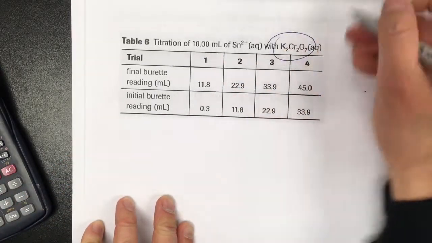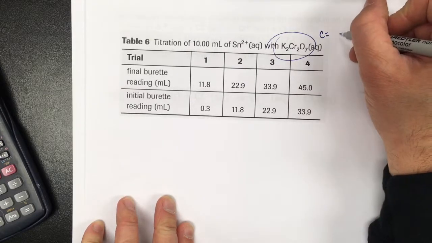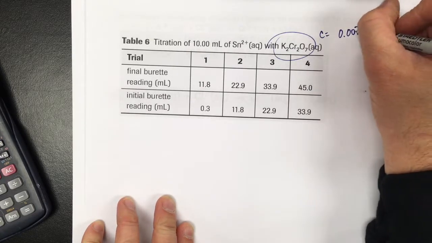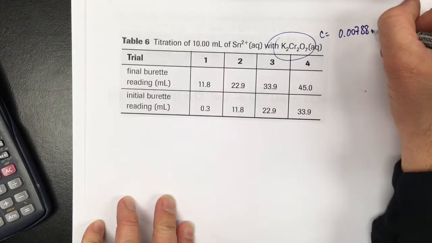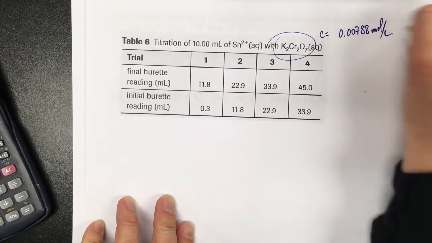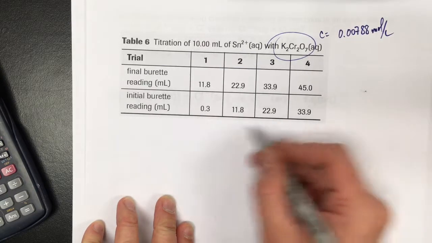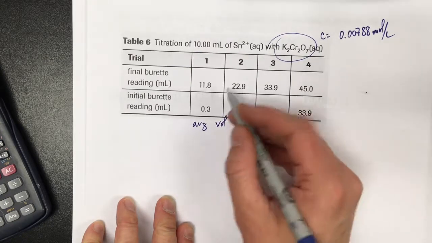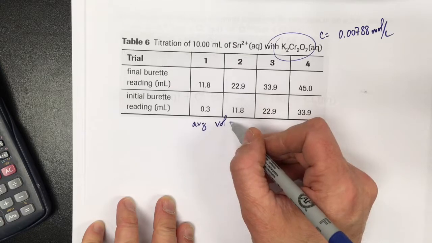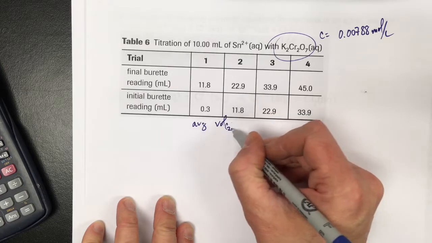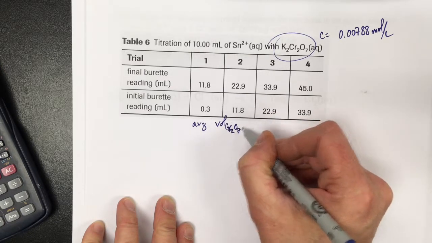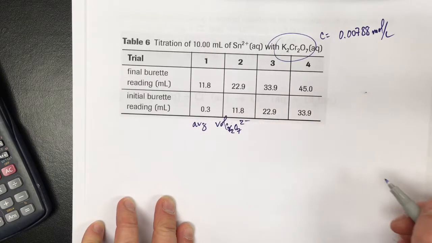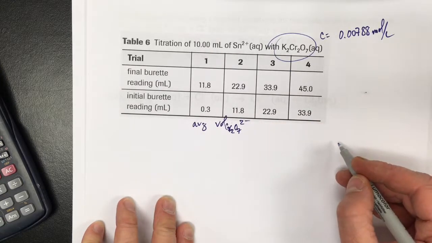And now I know the concentration of this is going to be 0.00788 mole per liter. I'm going to be able to calculate the average volume for my dichromate from this data table.